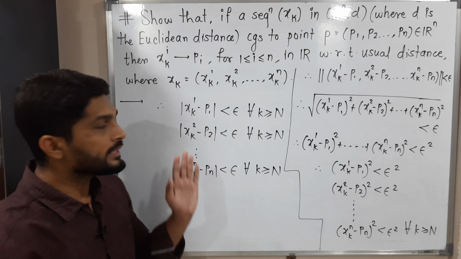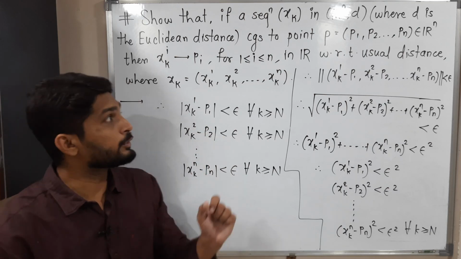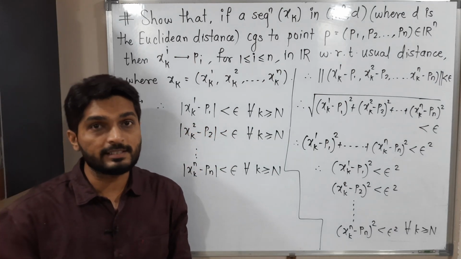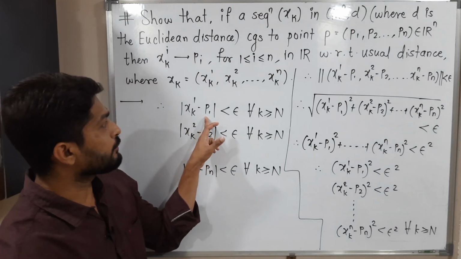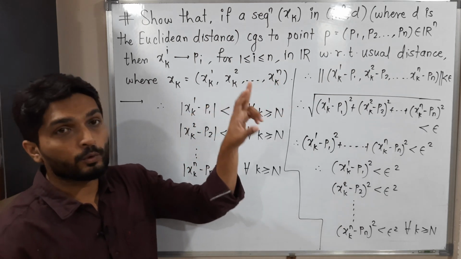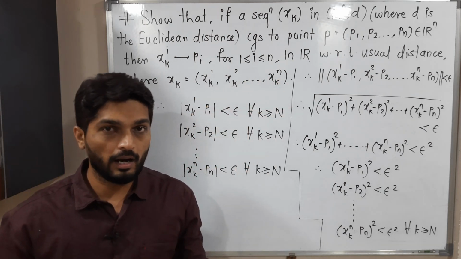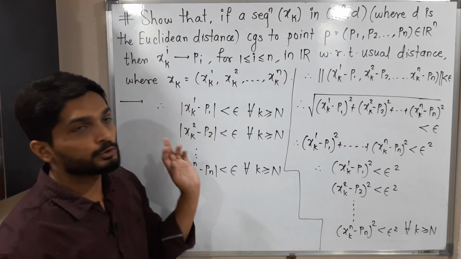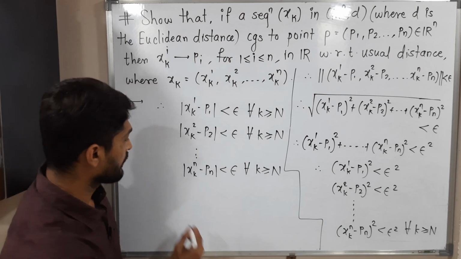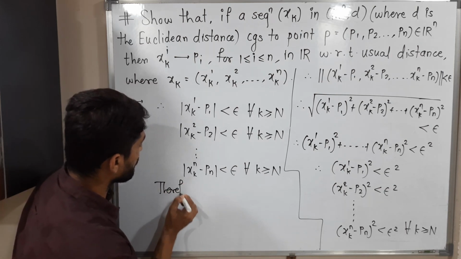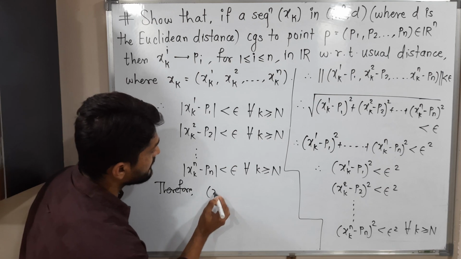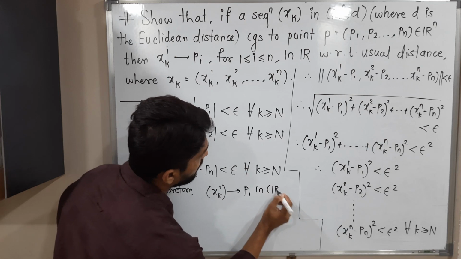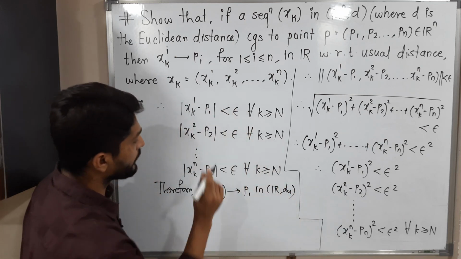But see, mod is there, which means we are in R with the usual distance. This is the definition of a convergent sequence; since mod is there, we are talking about the usual distance in R. Therefore we say the sequence xk1 converges to p1 in R with the usual distance du, since we have got mod there.